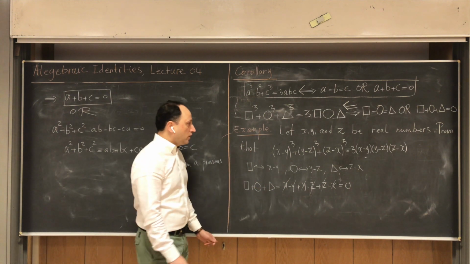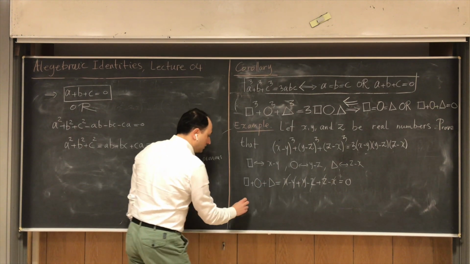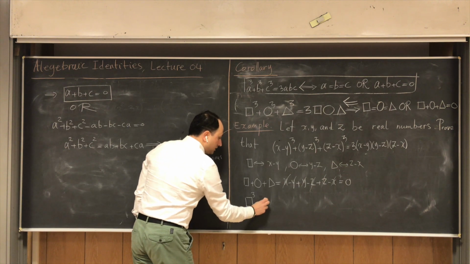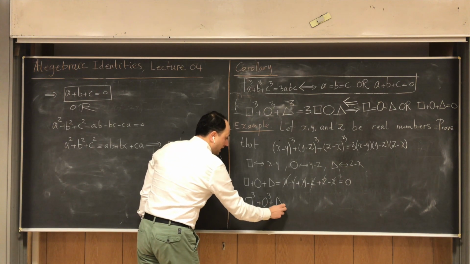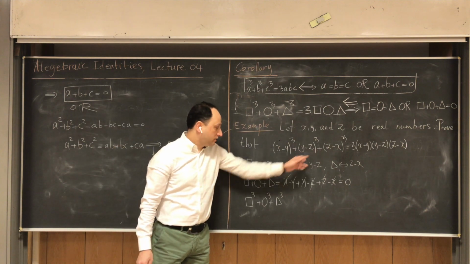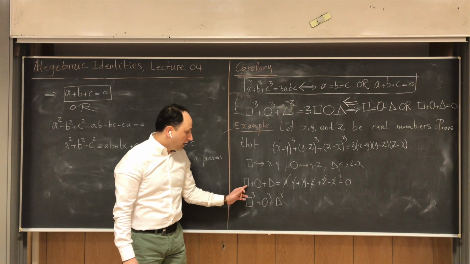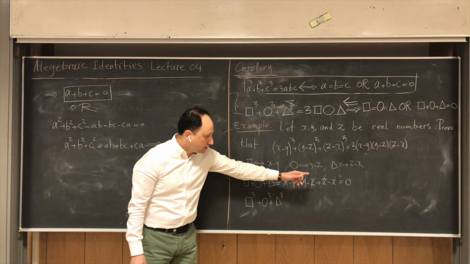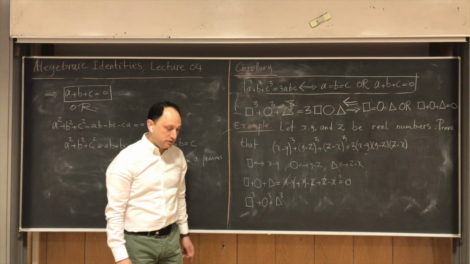And what you want to calculate is box to the 3 plus circle to the 3 plus triangle to the 3. The left-hand side of this identity is this expression. And I know that the sum of the box, circle and triangle is equal to 0. So what can I write?